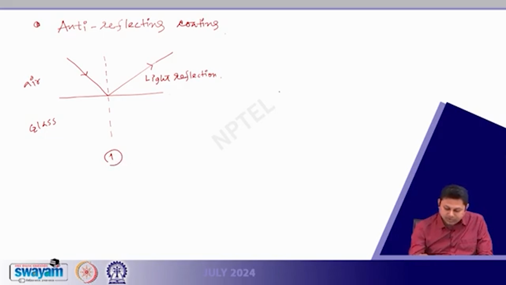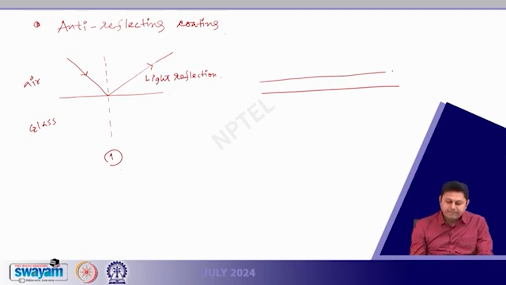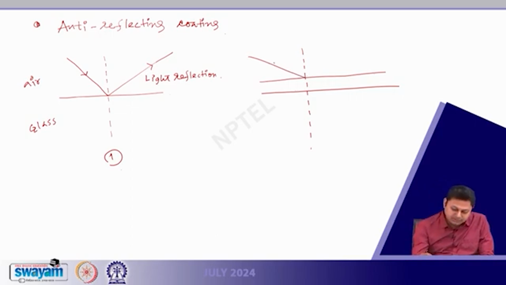In case 2, we have a glass, but on top of that we put a thin layer, and then allow the light to pass over this system. And what happened? The light will fall like before here at this point. This is the incident light ray.